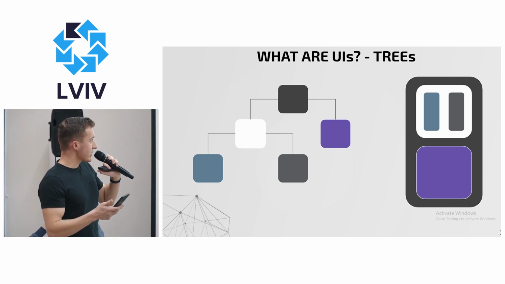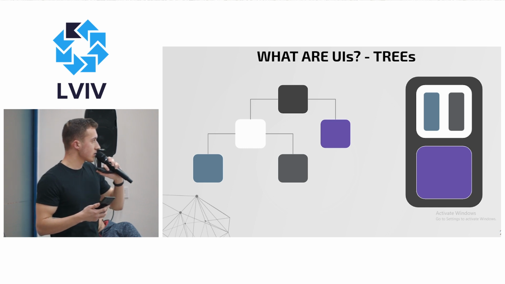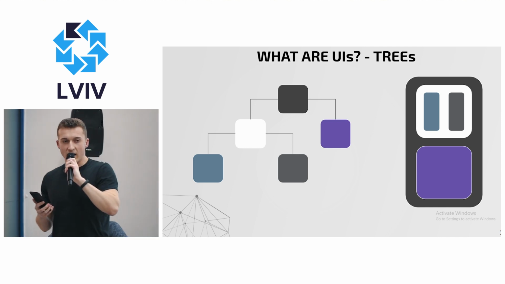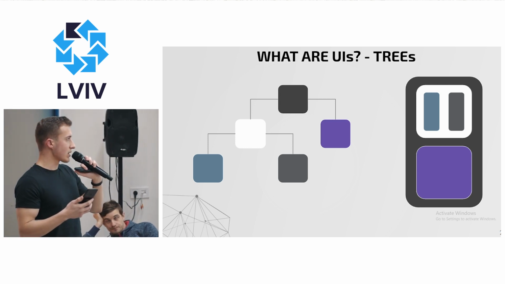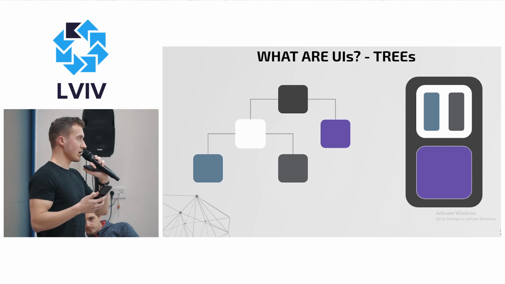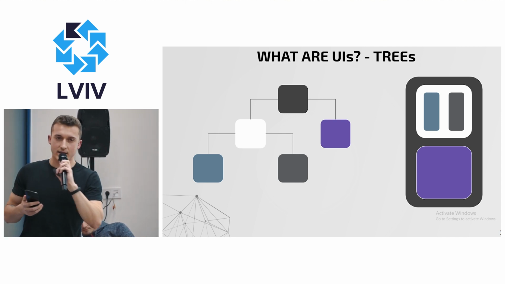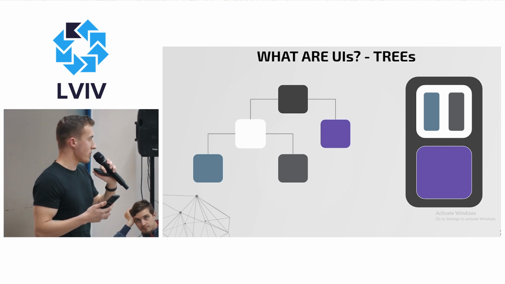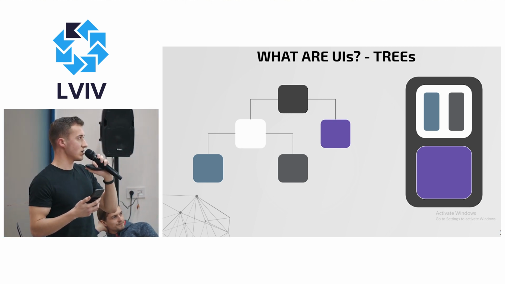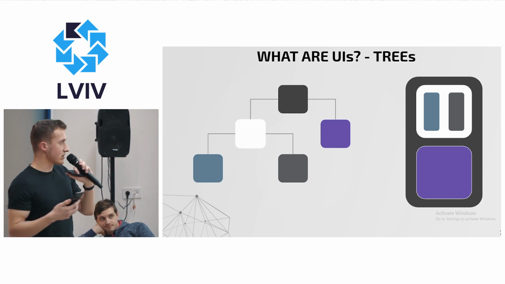But actually, it's the thing that we should understand before working with Compose, because even in the current Android UI toolkit, UIs are trees, but it's hidden from us under the objects, under the API, and we don't communicate directly with these trees.